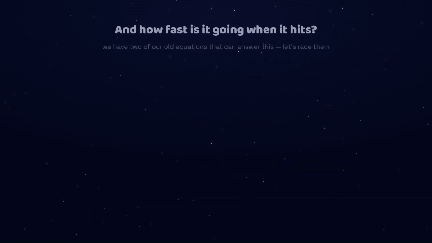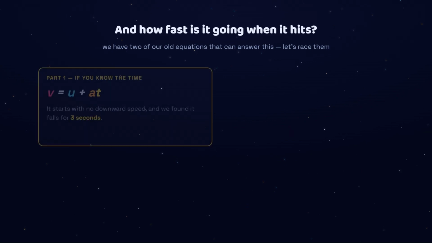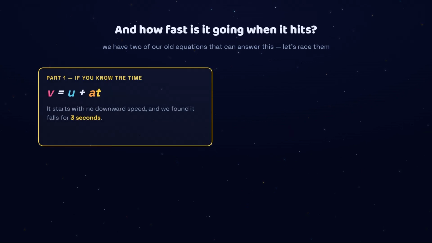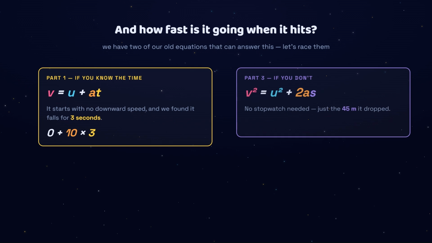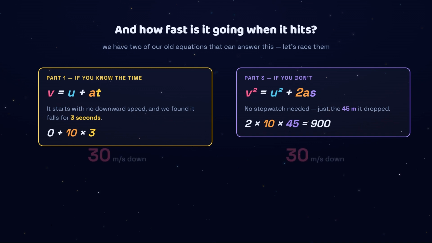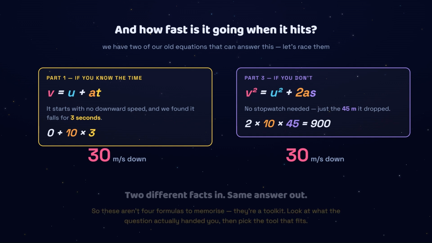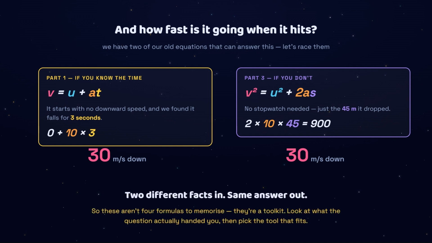Now, how fast is it moving downward when it hits the ground? We can solve it in two different ways. The first uses time. 3 seconds of acceleration at 10 meters per second squared gives 30 meters per second downward. The second doesn't use time at all. It uses the distance fallen, 45 meters.